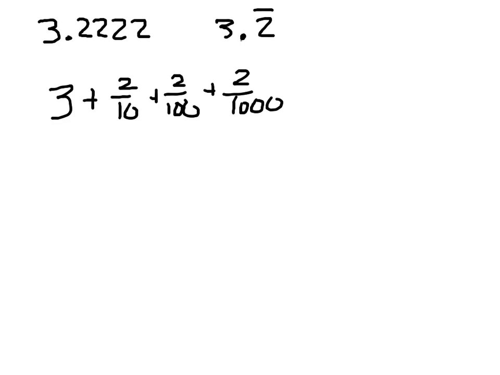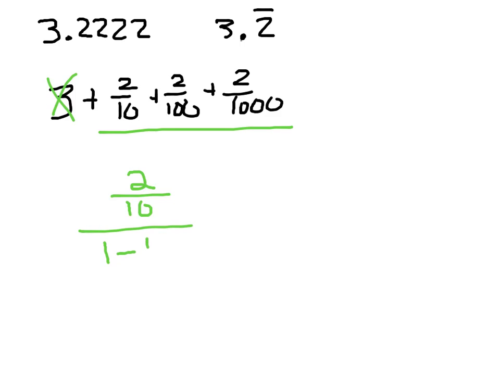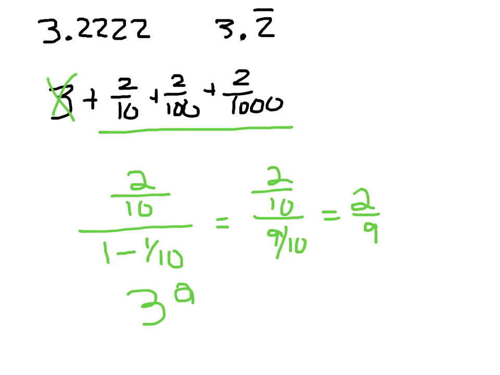And so if I ignore the 3 and I'm just looking at this series, the first term is 2/10, and the common ratio is 1/10, so 1 minus 1/10. So this is 2/10 over 9/10, which is 2/9. And so if I add the 3 back in, I get 3 2/9.